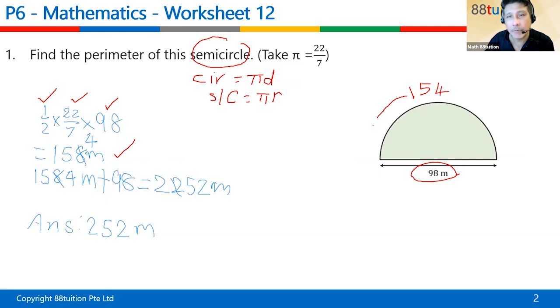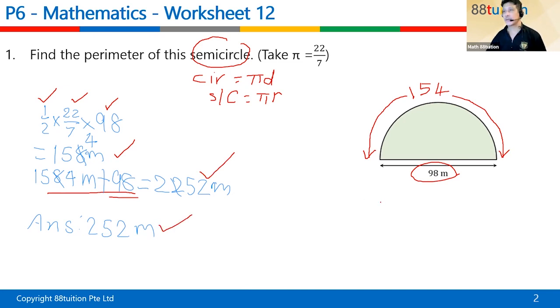When you solve using the formula, you only get this curve. Do you notice after that, we have 154 plus 98? That means we add the straight line. And so we end up with 252. That is absolutely correct. Well done.